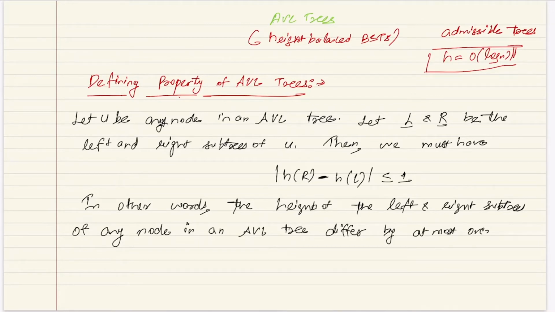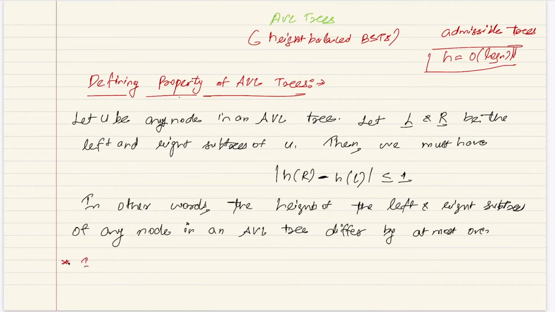Now, what we actually have to prove is that if you maintain this defining property, that is how we will proceed. There are two things. First, the defining property does not say anything about the height being log n.